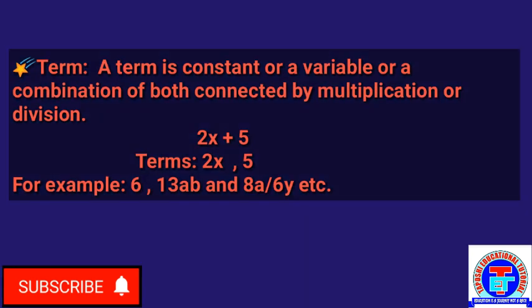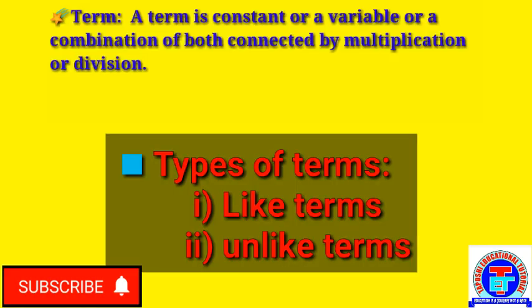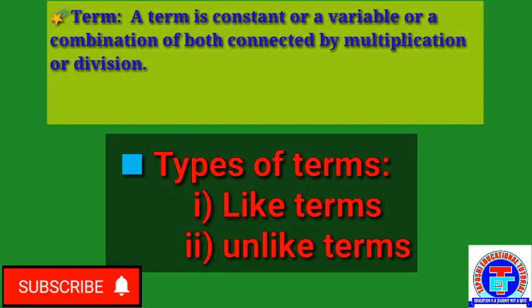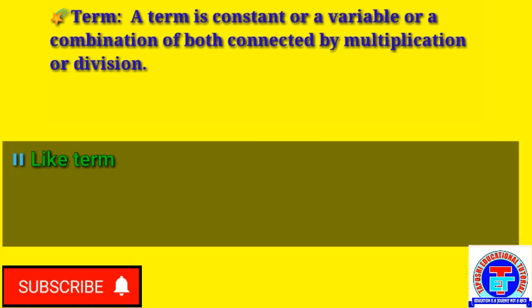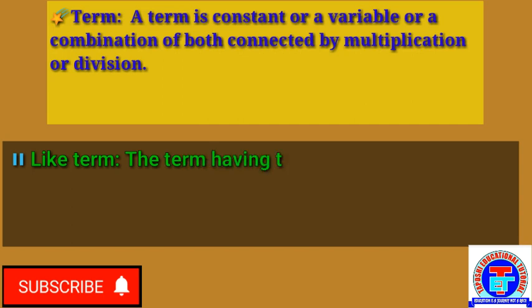Right. Now here the like terms and the unlike terms. I will explain with examples when I solve the problems. Okay. So here I just tell you their actual definition and how to identify. Okay, like terms. The terms having the same literal factors are known as like terms.